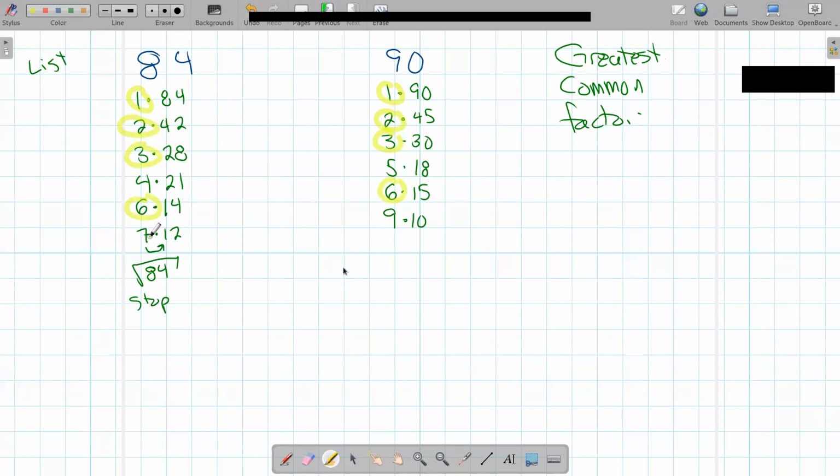No 7, no 12, 14, 21, 28, 42, 84. So none of the other factors here are in common over here. So I'm done looking, and I can see that the greatest of those in common is 6. Which is what the prime factorization told us before also.